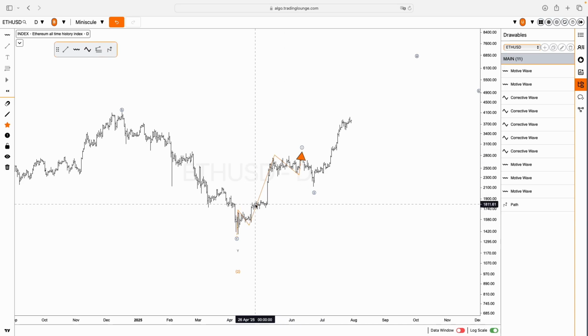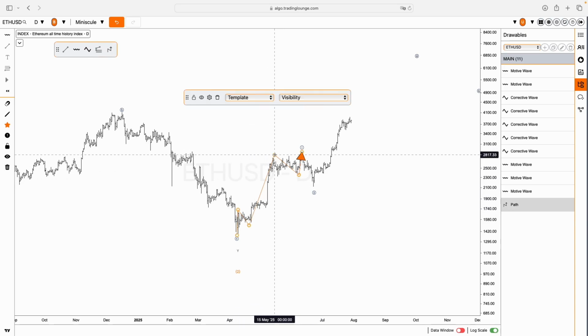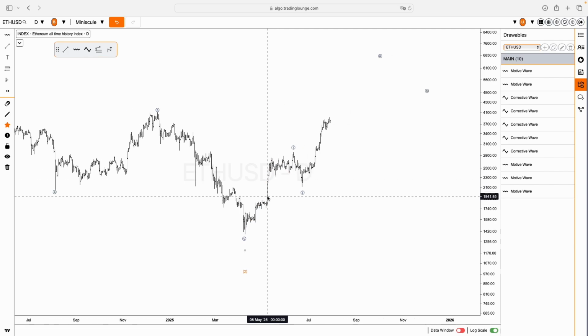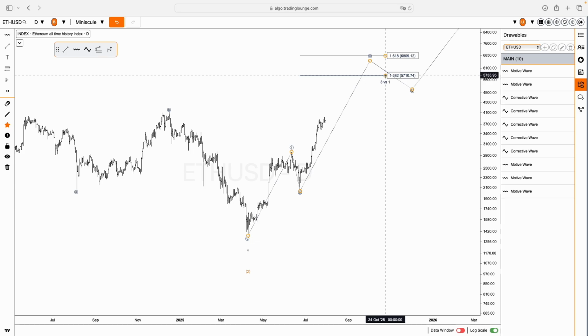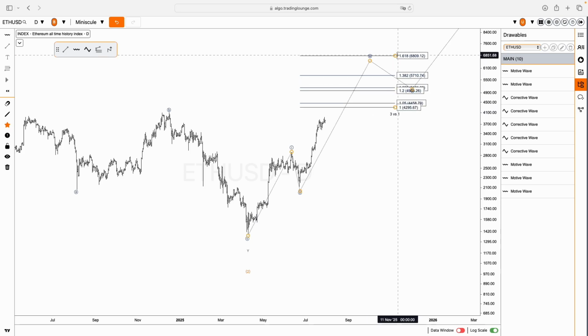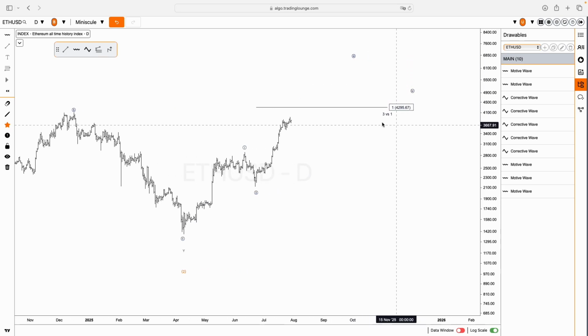And here 1, 2, 3, 4, 5 for 3. Okay. So yeah, upside. You can also do this 3 versus 1. Equality stands at 4,200.